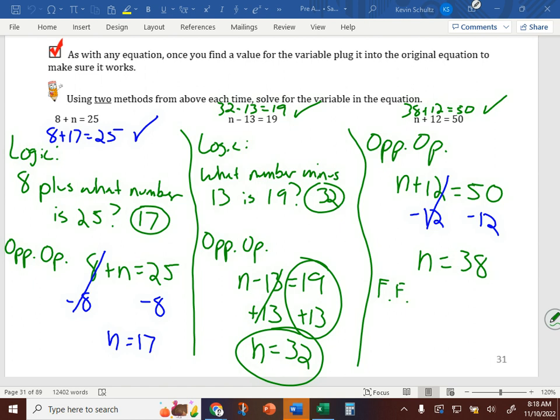Let's use fact families for this, because I don't want them to feel left out. Our first member of this family is n plus 12 equals 50. What's another member of this fact family? 12 minus 50 equals n? Wouldn't be 12 minus 50 equals n. It'd be 50 minus 12.